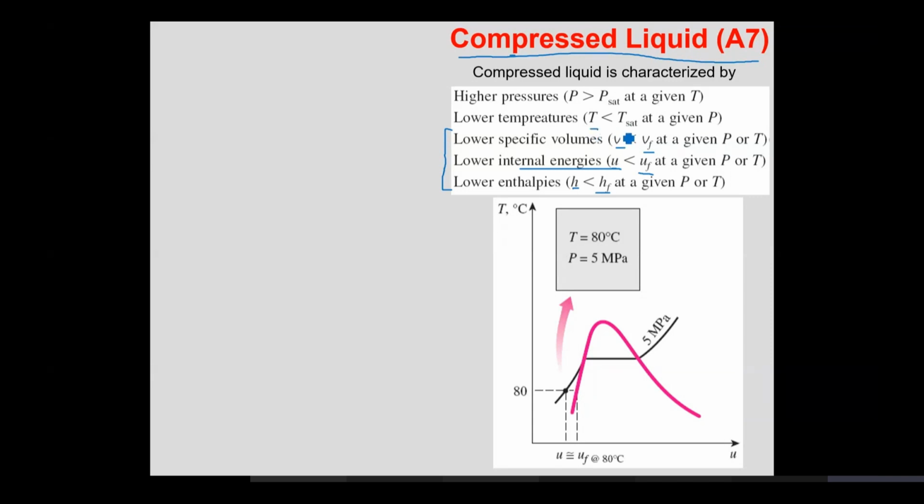Similarly, temperature would be less than T saturated for a given pressure, and pressure would be greater than P saturation for a given temperature. Clear enough? These things are clear to you? Exactly the opposite of superheated vapor.